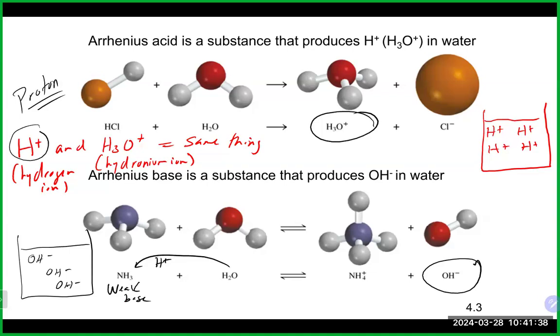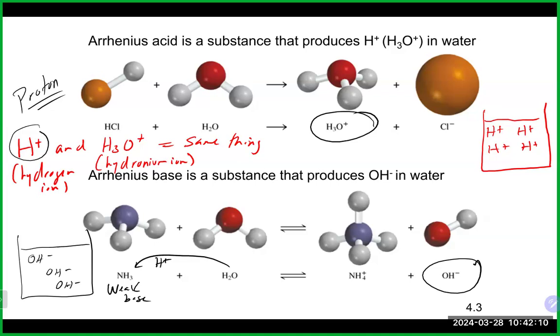As we go through this chapter, sometimes people are not sure what values to use in calculations. Should they use the acidic values or the basic values? Seeing these equations can really help you decide. When you look at the product side of the equation and see H plus or H3O plus there, that's an acidic situation, and you should be doing calculations involving an acid.